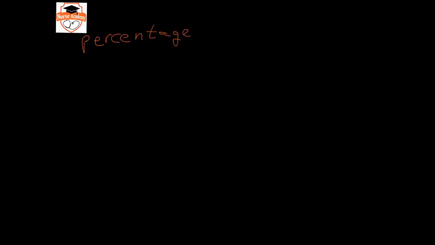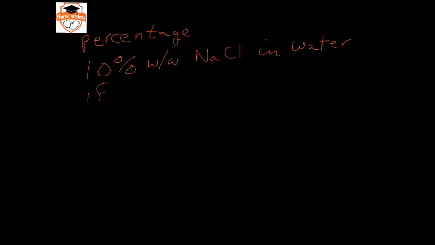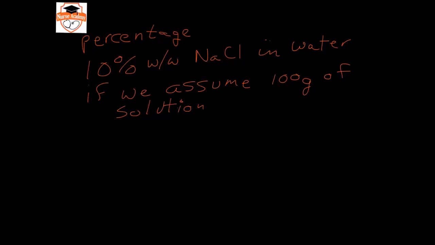When we're discussing a percentage, let's say that we have a concentration that is 10% weight per weight sodium chloride in water. That means that if we assume 100 grams of solution, 10 grams will be sodium chloride.